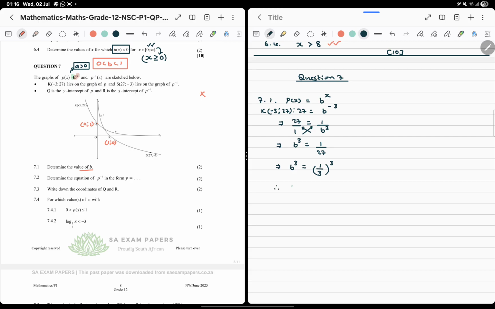Now once we have the same exponents, it means the bases must be the same for these things to be equal. So b is a third. And indeed, it matches exactly the parameter that we had in mind.